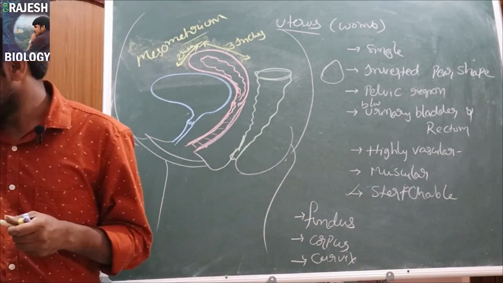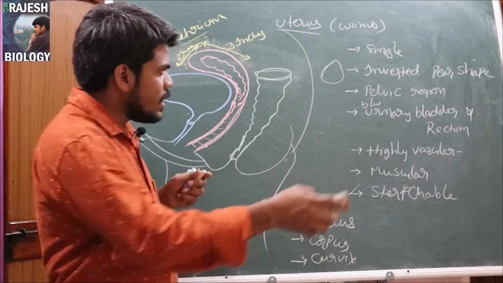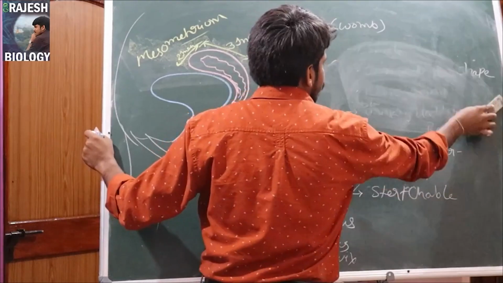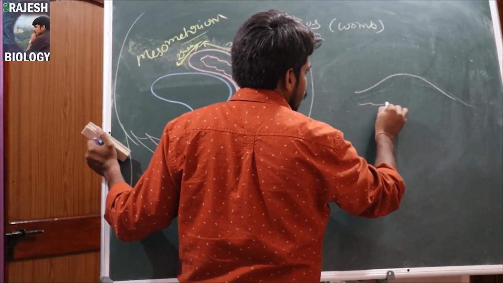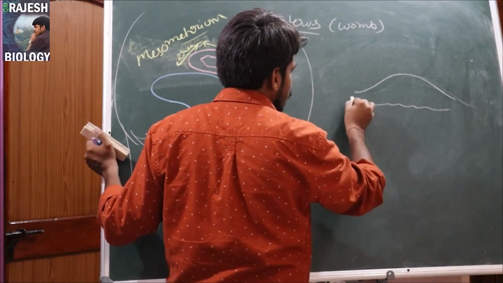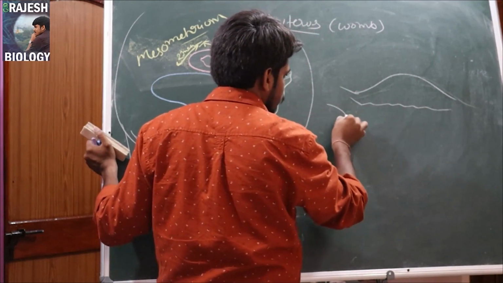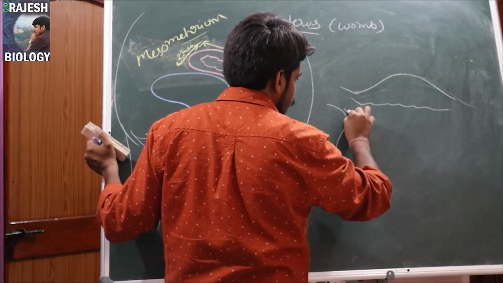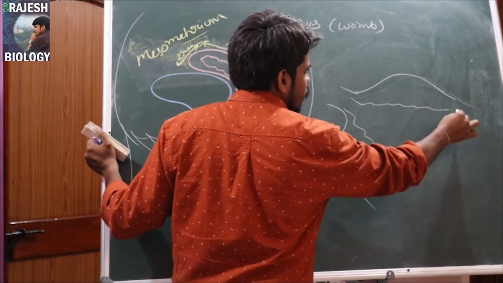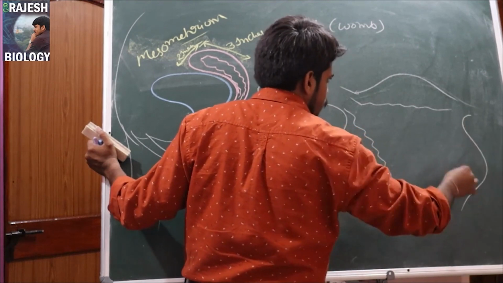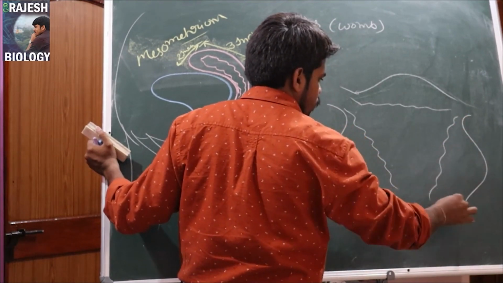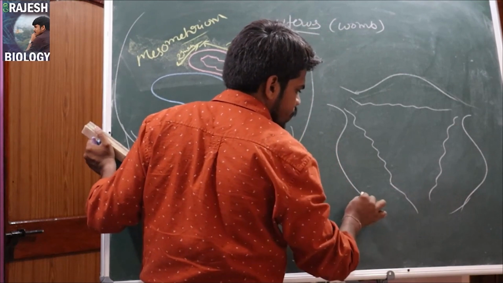We will discuss now. So first I'll erase this and I'll draw one diagram here. This is the female reproductive system. This is the fundus. This is the uterus structure.